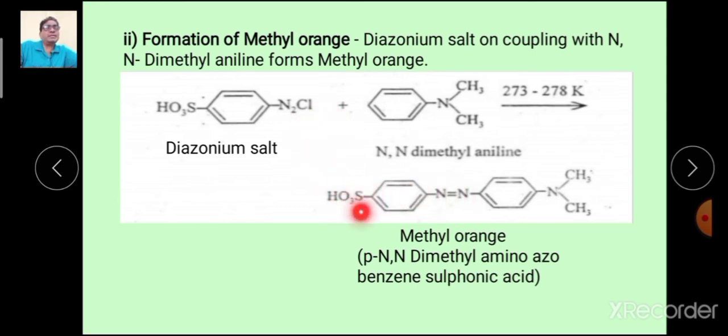This is the first unit coupled with the second unit, and this is the coupling reaction, the formation of methyl orange. Okay, this is para-N,N-dimethylamino azobenzene sulfonic acid. It is used as an indicator.